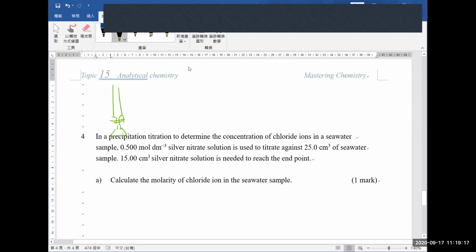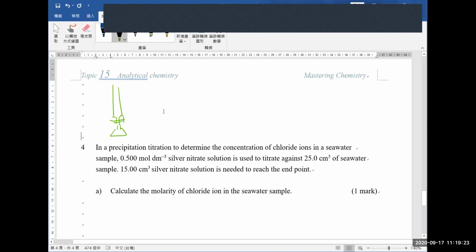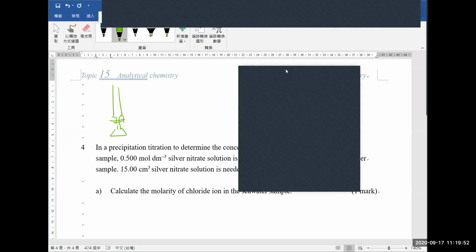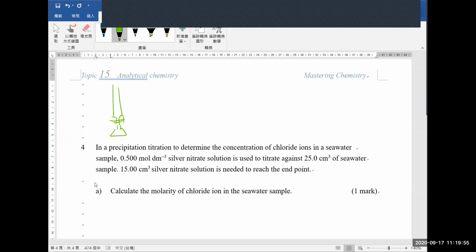Which one is found in the conical flask? Silver nitrate on top, seawater in the conical flask.